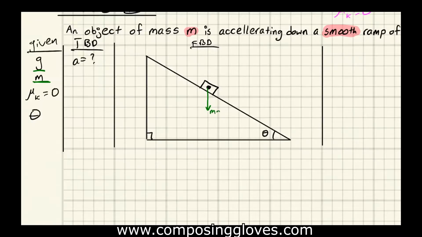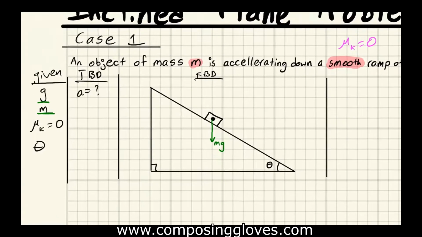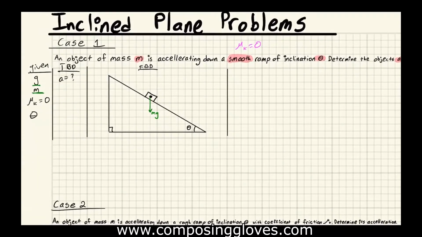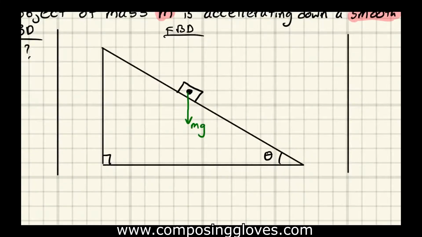But this is our force mg. This is just the weight. It's the mass times the acceleration due to gravity, downwards. It is the weight. And we should probably identify the direction it's moving. It's accelerating down, so our object is going this way. Because it's going that way, I'm going to make that way plus. So here's plus, and then I'm going to make up this way plus.